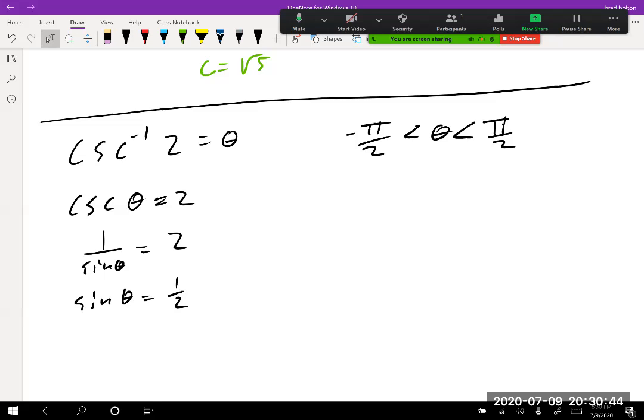So in general, your cosecant function has similar domain and range issues when you're doing the arc as its associated one. So we know that theta, or sometimes y, has to be between negative pi over 2 and pi over 2. So when we're doing our unit circle, we know once again it has to be between here and here. Okay.